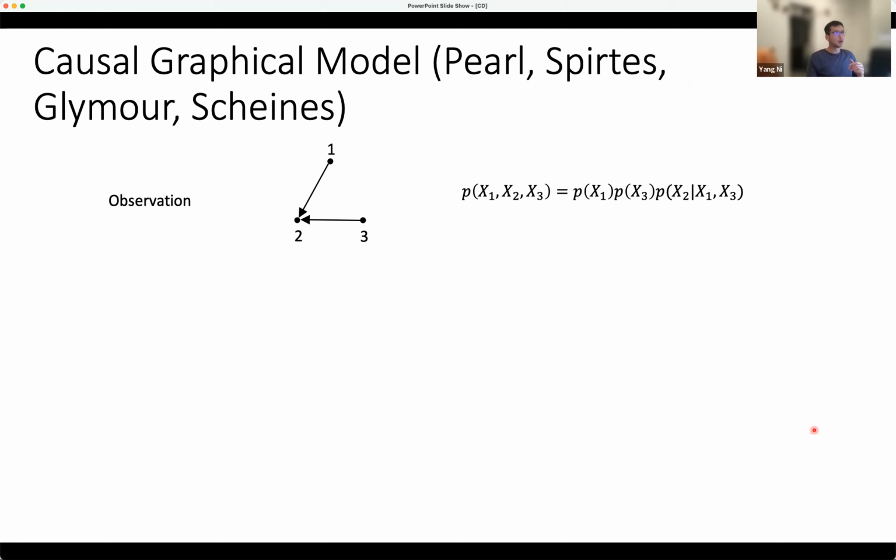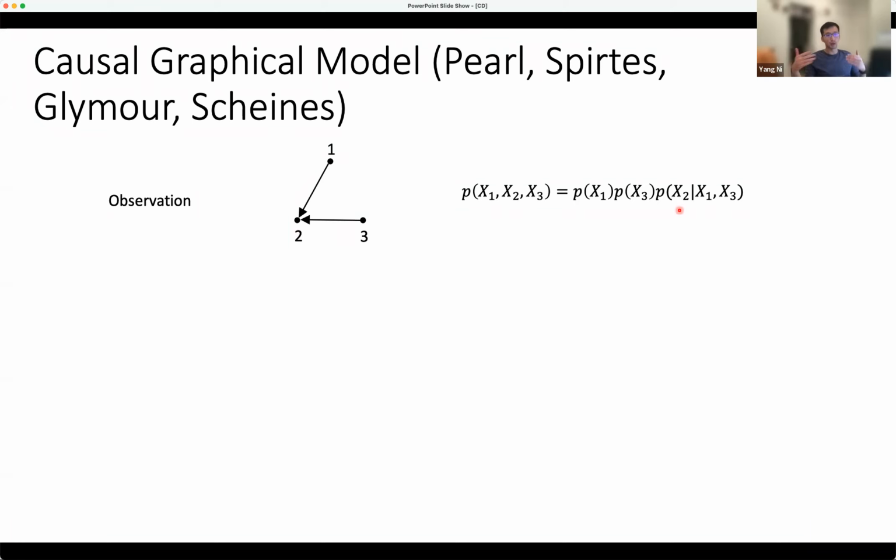For example, with this graph of only 3 nodes, we generate x1, x3 first from their marginal distribution because they don't have any cause. Now we generate x2 given its direct causes x1, x3 from its conditional distribution. Therefore, I can write down the joint distribution as a product of the marginal of x1, x3 times the conditional of x2 given x1, x3.